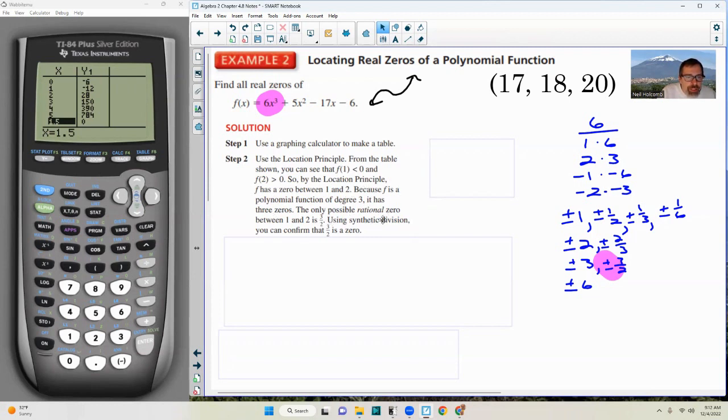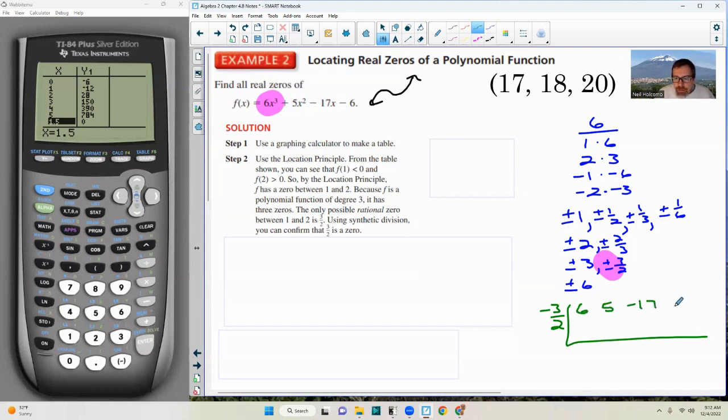Okay, so using synthetic division, you can confirm 3 halves is a 0. What they mean by that is, let's do it. If 3 halves is a 0, then you would take negative 3 halves. Our polynomial is in standard form, not skipping any powers 3, 2, 1, 0, and my coefficients are 6, 5, negative 17, negative 6.